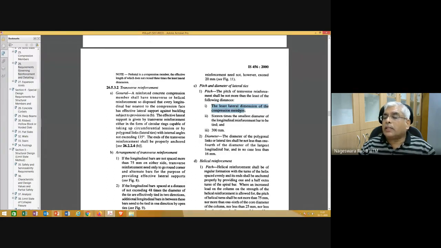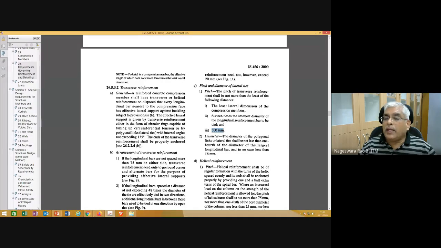Least lateral dimension of compression member, 16 times the smallest diameter of longitudinal reinforcement bar to be tied, the smallest longitudinal bar to be tied being 20 mm, and also 300 mm. Out of these, take the least, and you need to make sure that the pitch of the lateral ties does not exceed that.